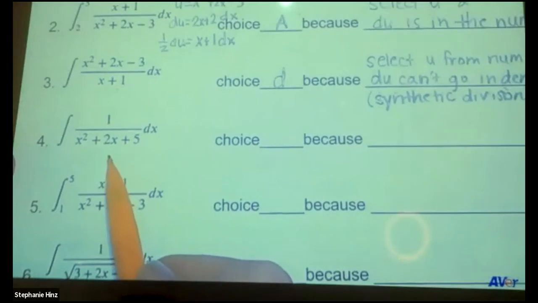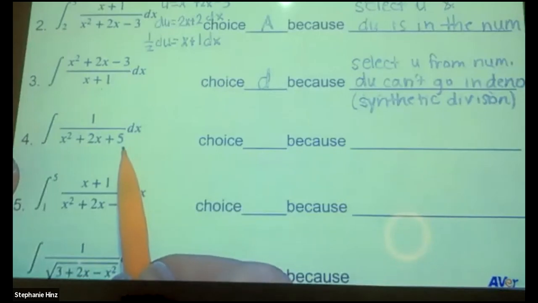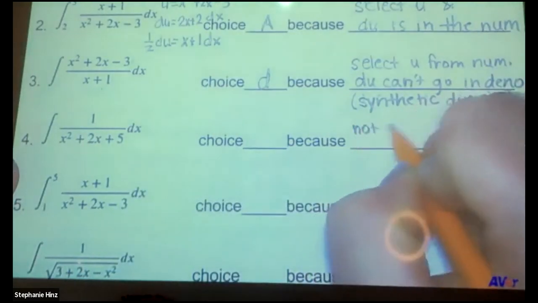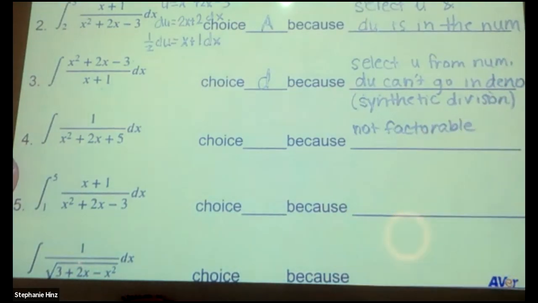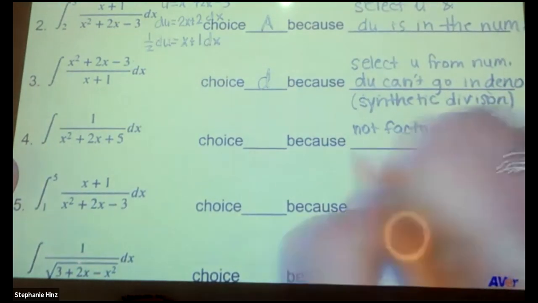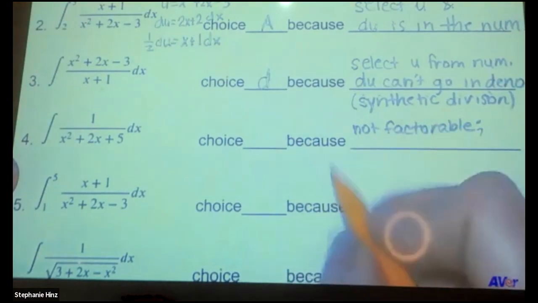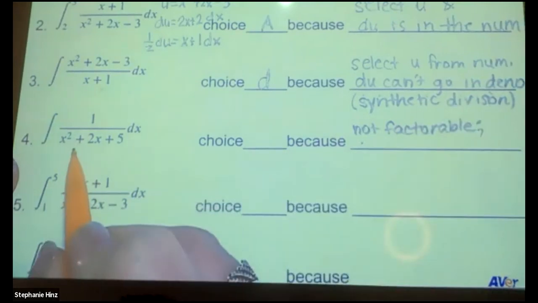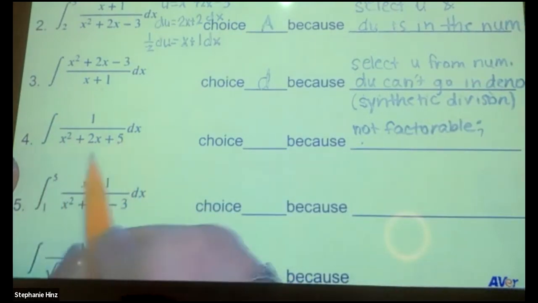On this one, I think because I can't factor this bottom, this is not factorable. And when something is not factorable, then a good option is to complete the square. So if I complete the square, I do not have a square root.